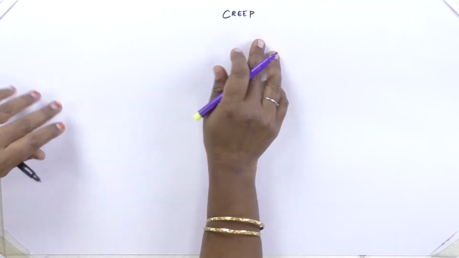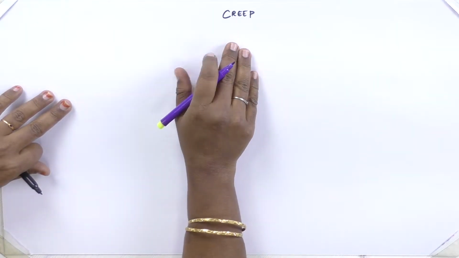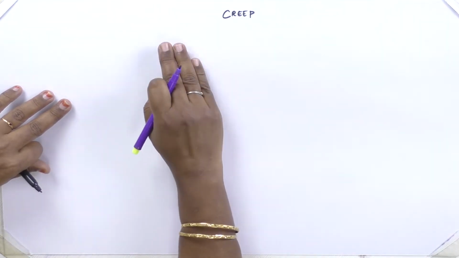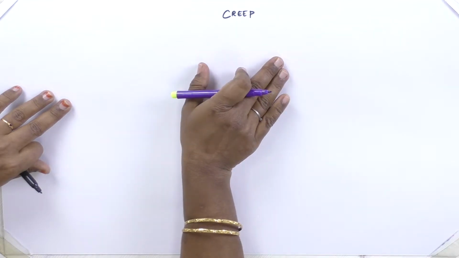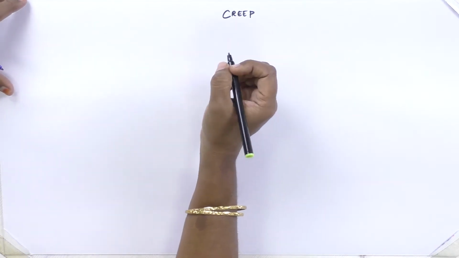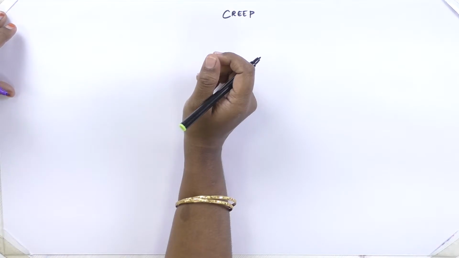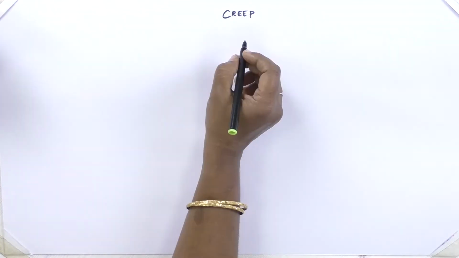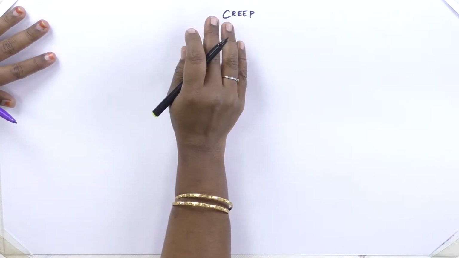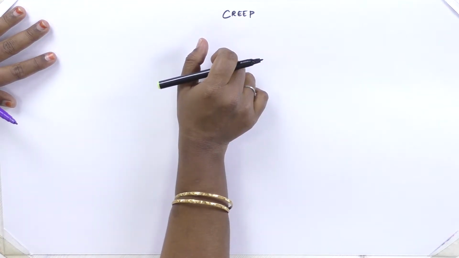What do you mean by creep? It is a tendency of a solid material to move or deform permanently under the influence of stresses. Why does the deformation occur? It is due to the sustained loading.